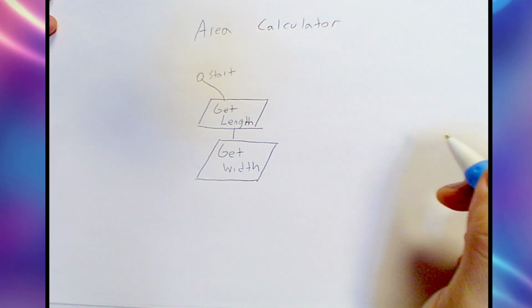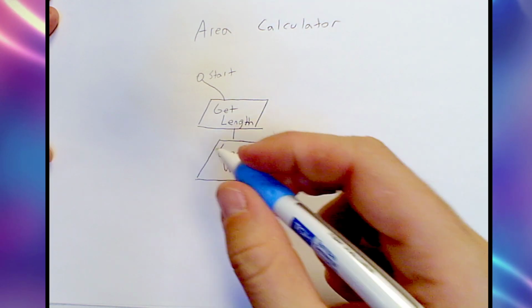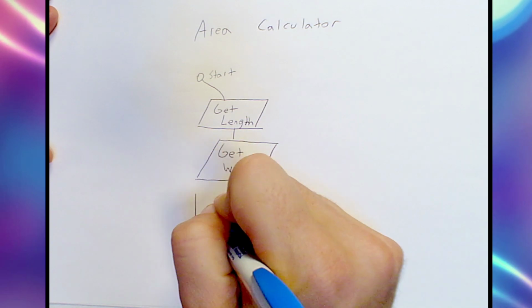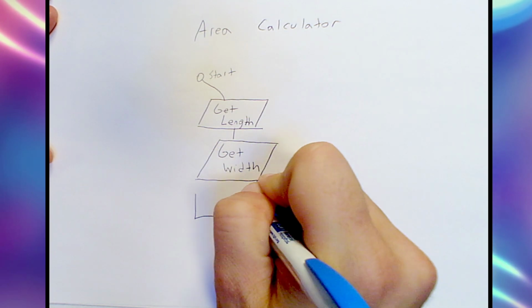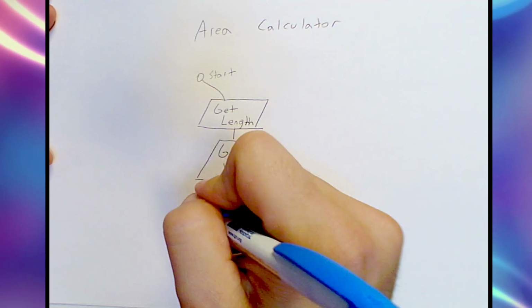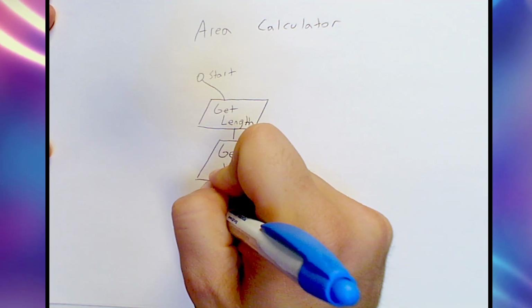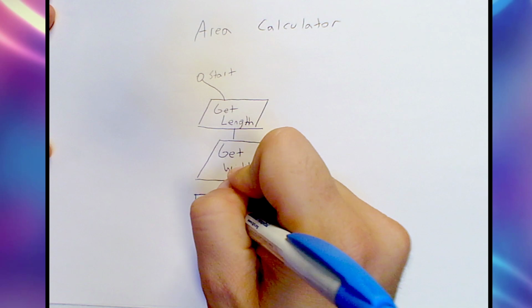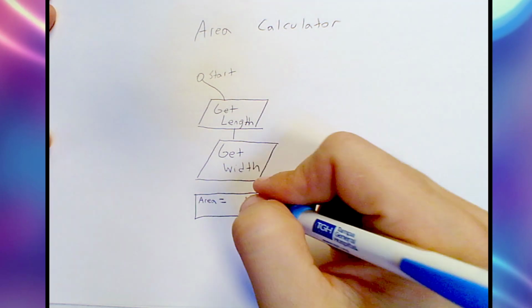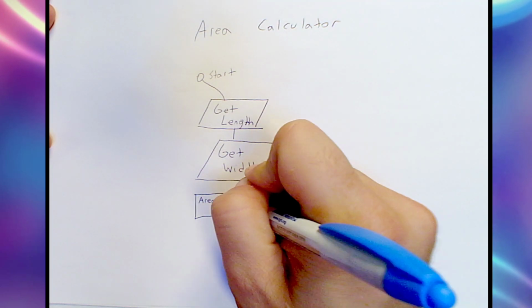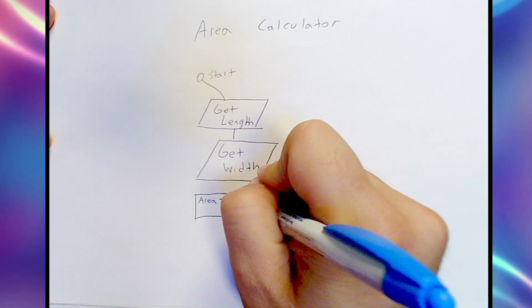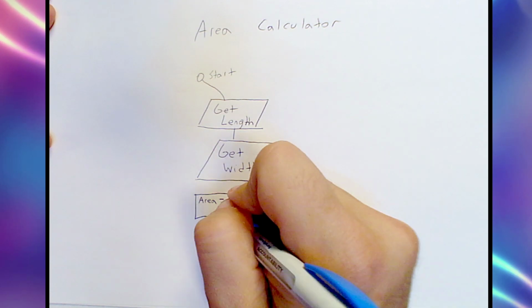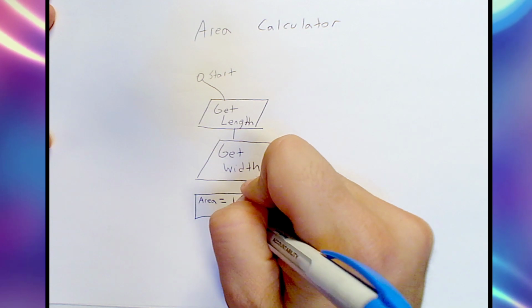After we get the width, we're going to do a process. So in this rectangle, we're going to say area equals length times width.